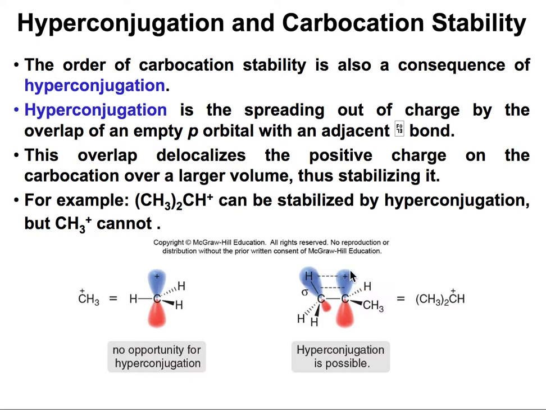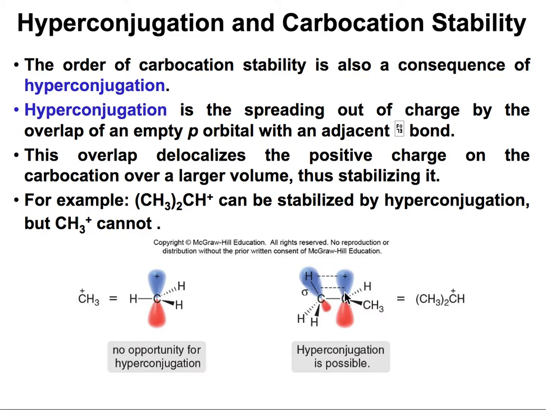The plus sign is stabilized by the electrons that come from this sigma bond. So we have electrons here shared between the C and the H, and those electrons are not connected to the carbocation, but they are close in space and they are stabilizing that positive charge.